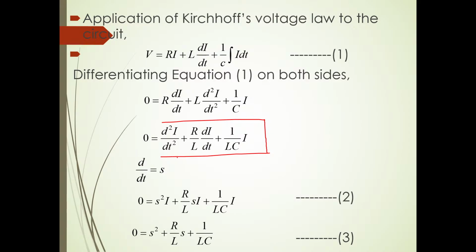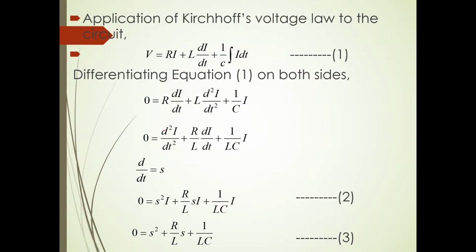Now, in order to simplify it, I'm going to assume d by dt is equal to s, just to make the above expression simpler. I'm replacing d by dt with s.